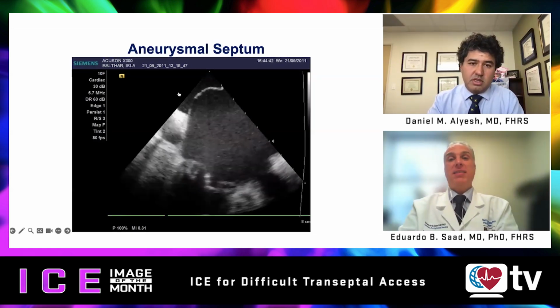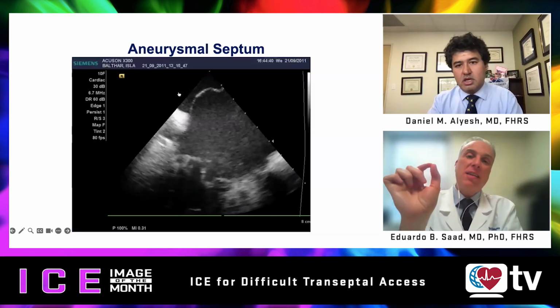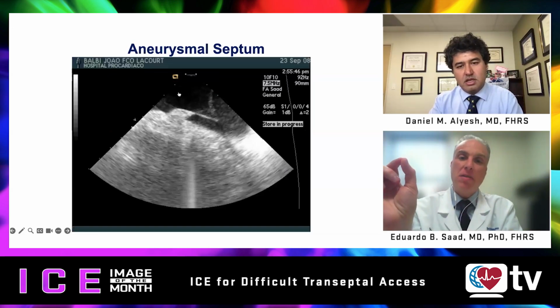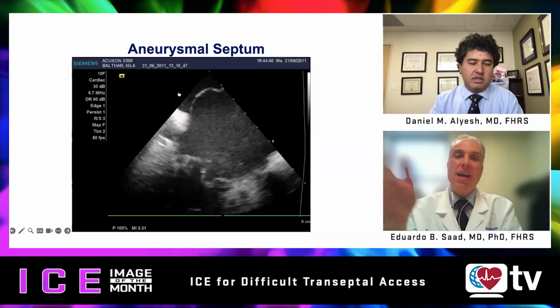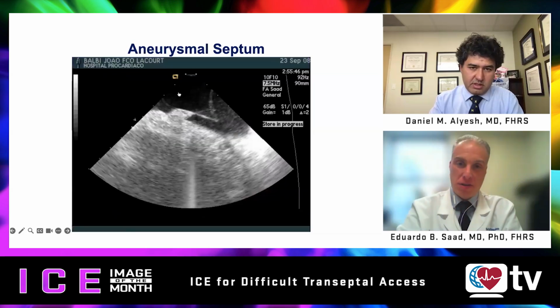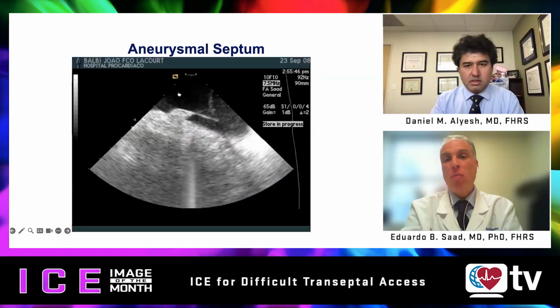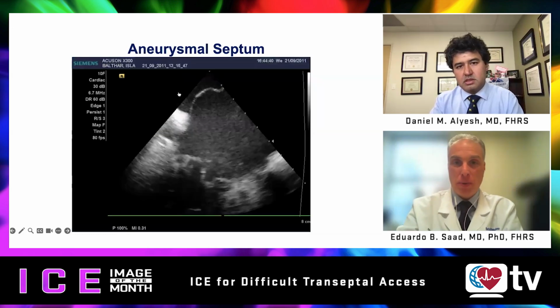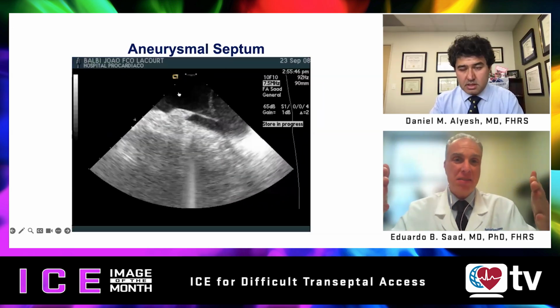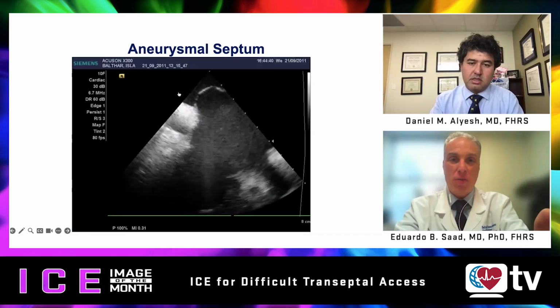Okay, so this is a tricky one. As you see, the aneurysmal septum is usually very floppy and very hard to puncture. What you see on the second image is that it doesn't matter how much pressure we put on the septum, it tends to go all the way to the posterior wall.